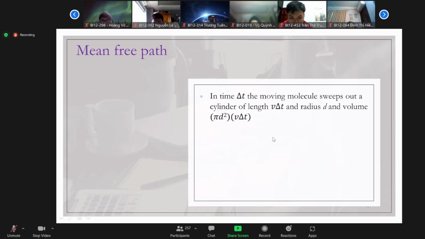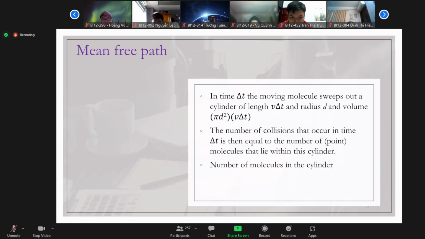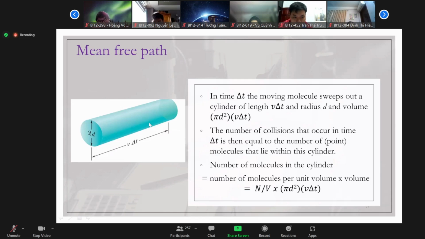Once we already define this molecule, we consider the distance traveled by this big molecule over the time delta t and speed v. So the product of v delta t is actually the distance that the big molecule can travel.